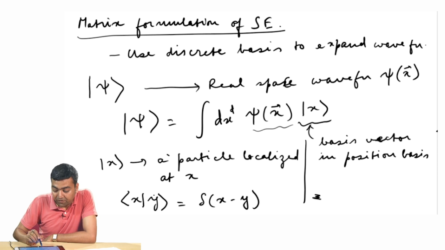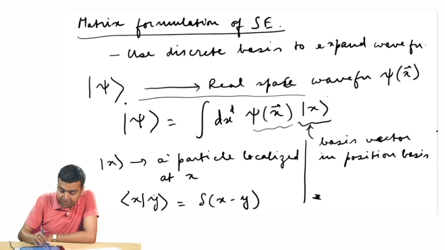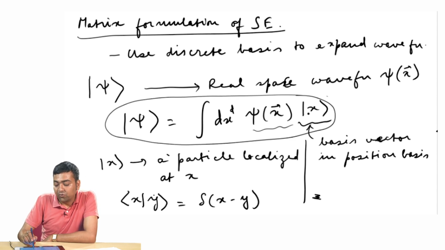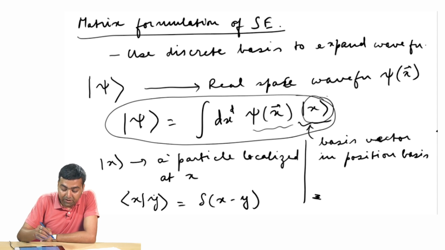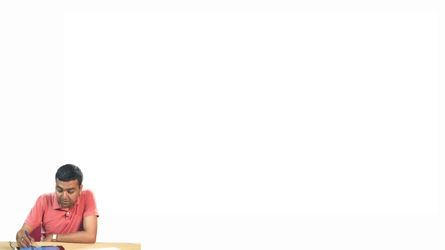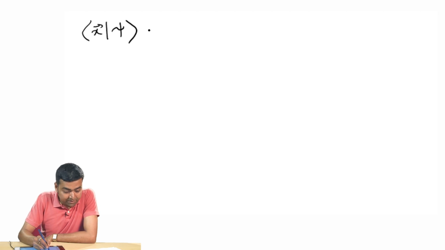If I want to find out psi x, I can take this function and project it onto the basis function, which is my bra x here. So I will compute the projection of my psi on x, and this will be given by the integral of psi.